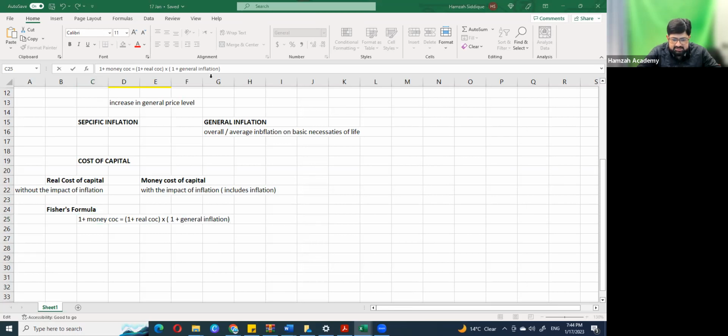So this is the formula which actually discusses the relationship between the both.